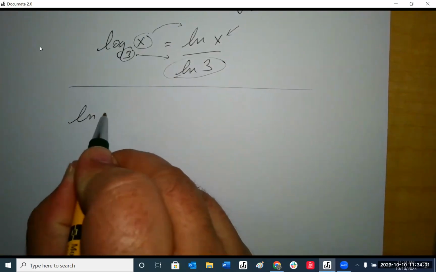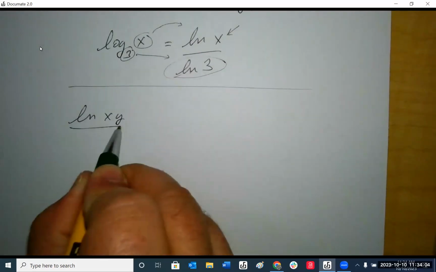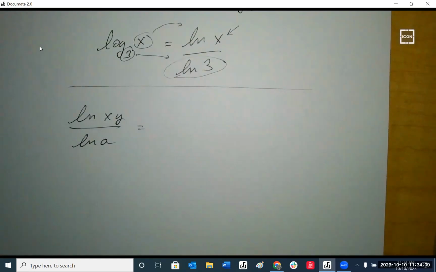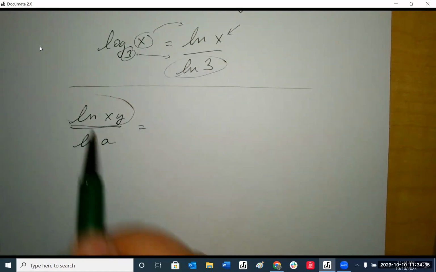What if we had this? How can you rewrite that to make it easier? Nope. Then we're stuck with xy. You can't take an xy. Good try though. Do we know any other rules? How can we rewrite the top function?